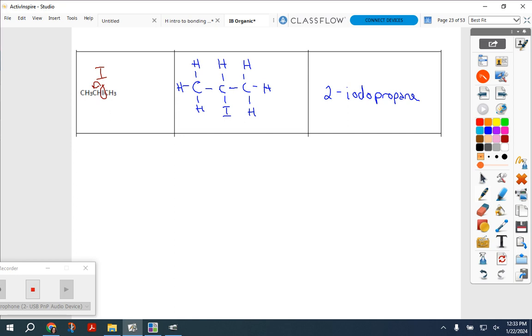We could have a double bond and then a single bond if it was just the one double bond. But here with the iodine, we do have to specify if it's on carbon 1 or carbon 2. Okay.